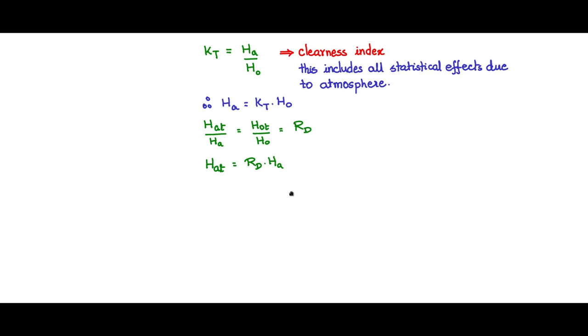But remember that both the diffused radiation and the albedo are again very uncertain parameters, varies from place to place, very difficult to have a closed form solution. So we will only be using an empirical relationship. So we shall expand this to include the empirical relationship of the diffused and also the reflected components into HAT.